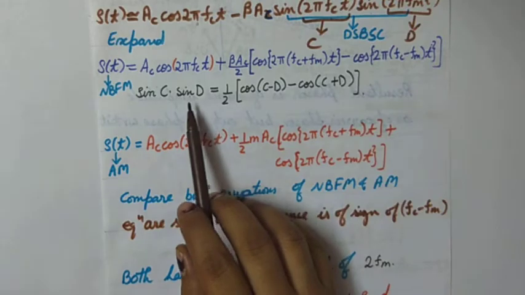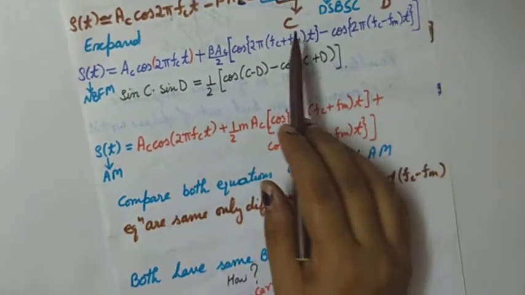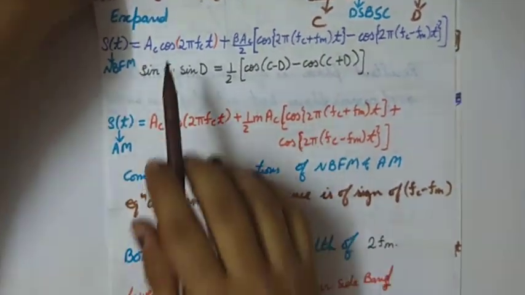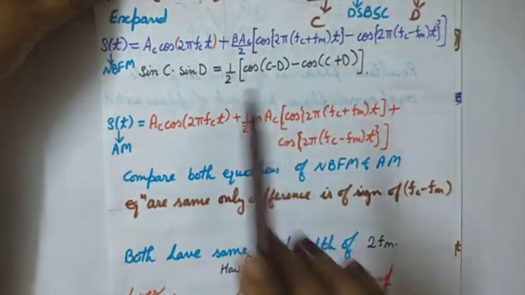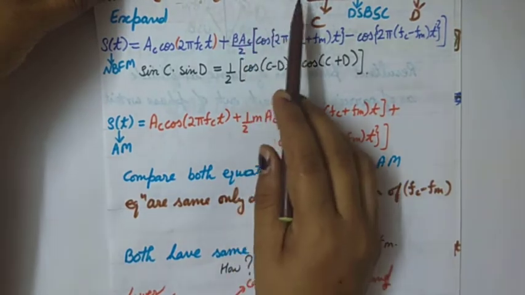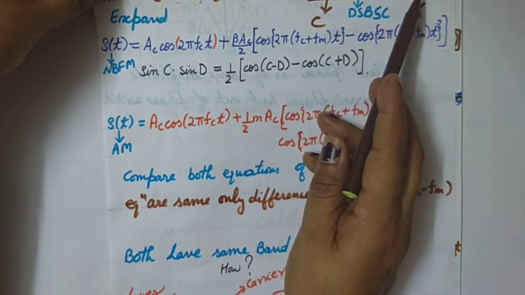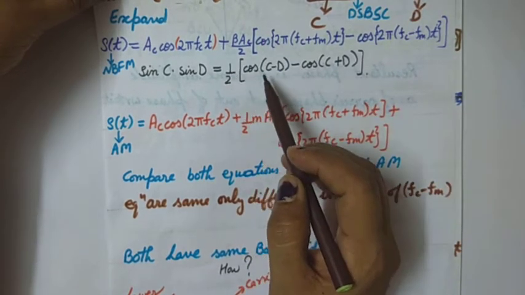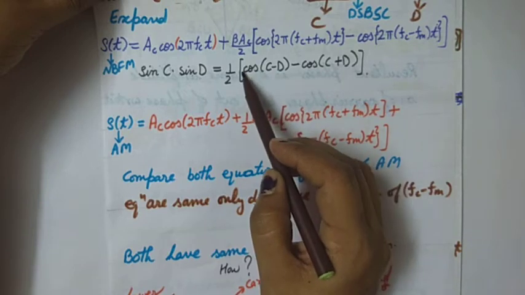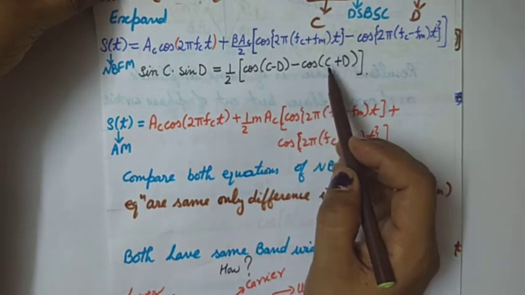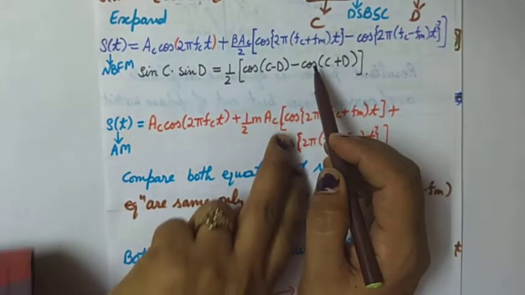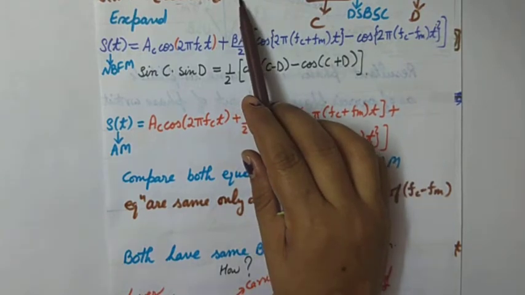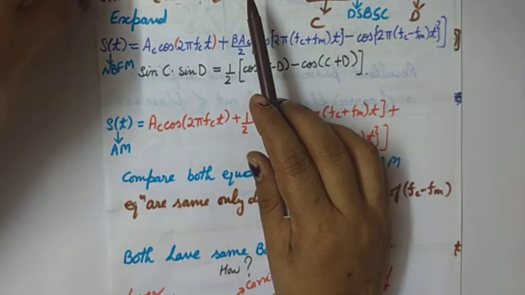So we are going to use the formula sin C into sin D. We have C here and we have D here. So the equation will become this. I have written it as it is. What I have done, FC I have taken first and FM afterwards. So it will become 1 by 2 and cos C minus D with a plus sign and minus with C plus D. This is minus here again, as we have already a minus in the equation above.